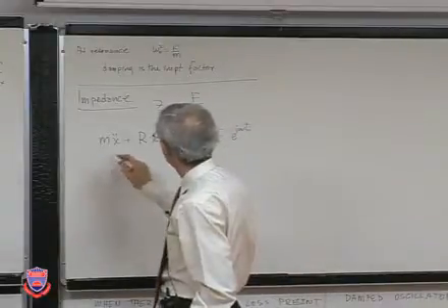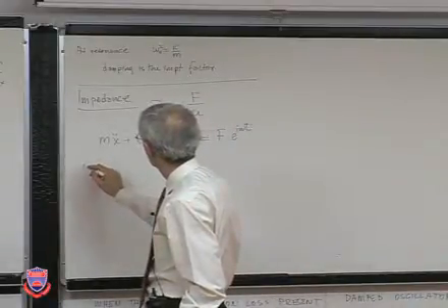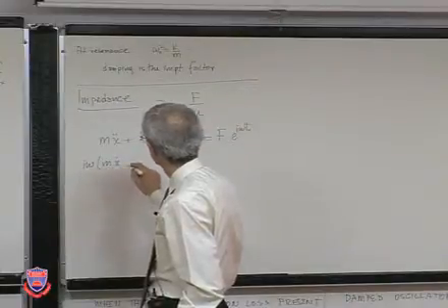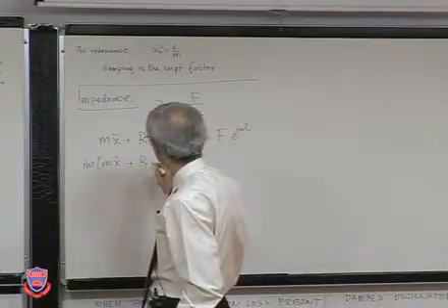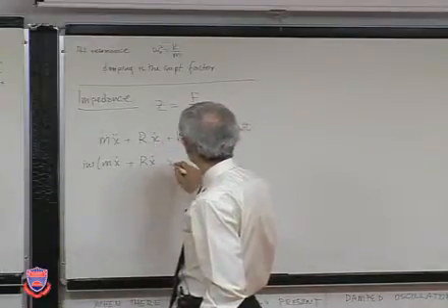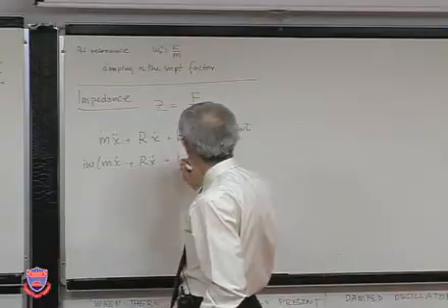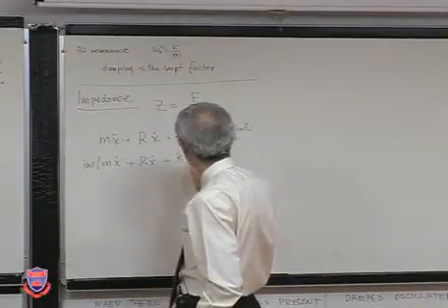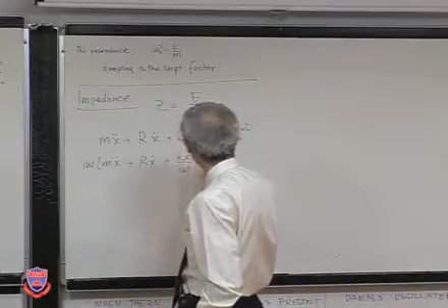So this one we can say is i omega times m x dot. And this one is k x dot divided by i omega.